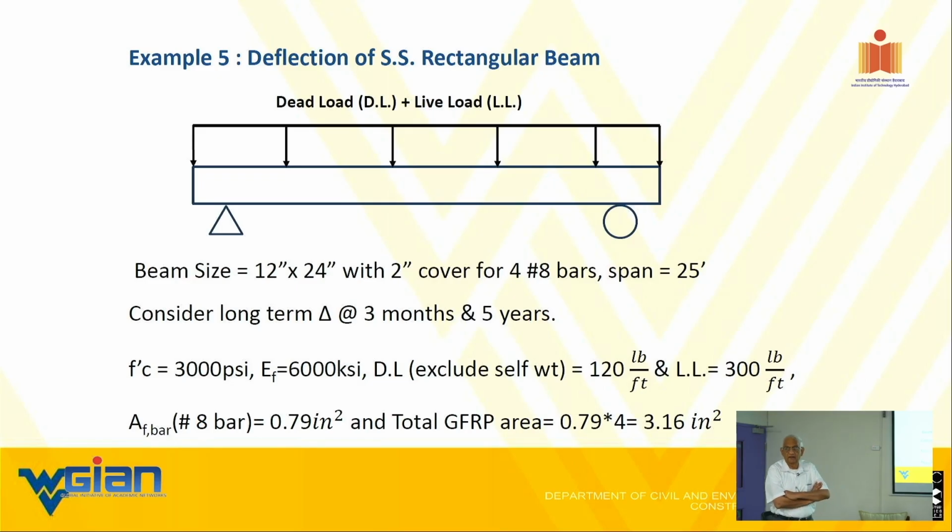What is that? 5 years. But what is that? That is the creep deflection. That's the key. Long term. Typically, after 5 years, they say creep deflection is pretty much constant. It does not increase.